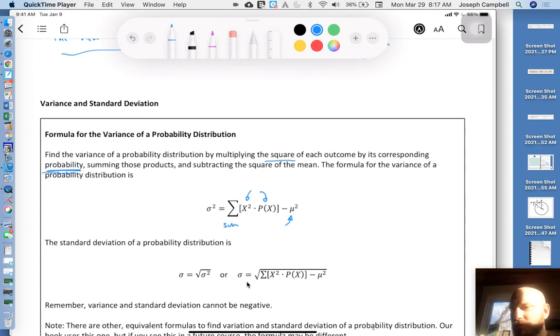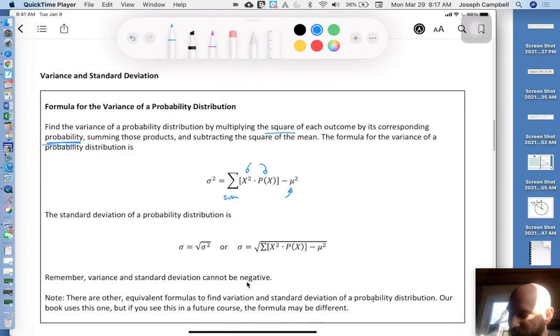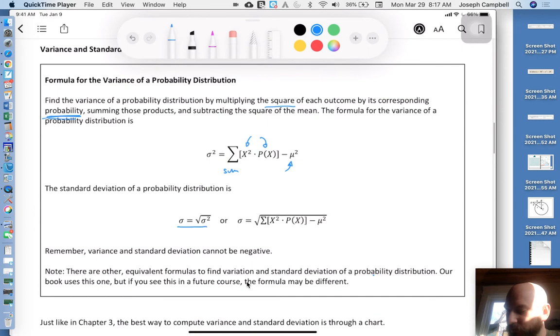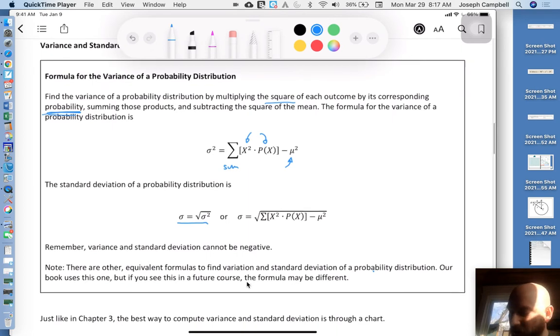We squared the mean just to put it on the same order as the squaring of the values here. Of course, the standard deviation is just the square root of the variance, as if you had put the square root over top of the previous expression right there.